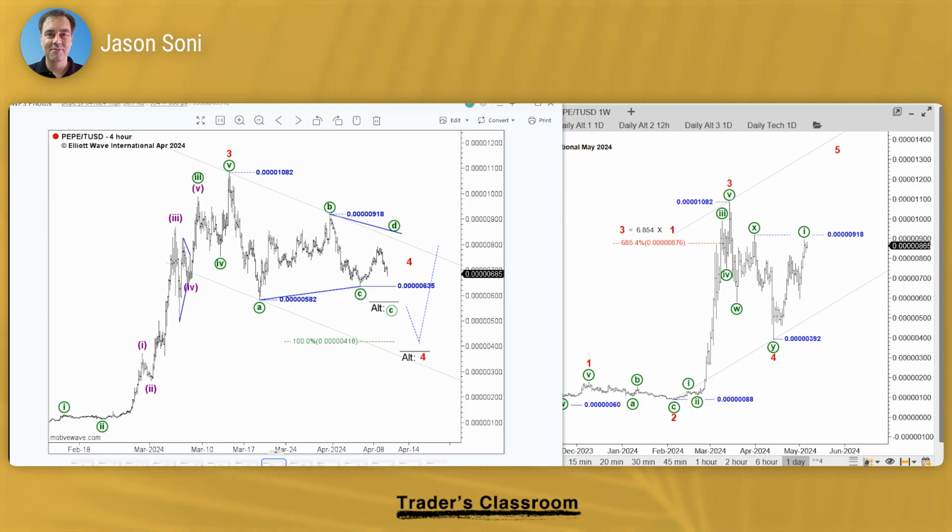So in this case with Pepe, I had a couple of scenarios that I was working with, and the initial idea that I was going to suggest, if Pepe moved below 635, was to argue that it was still in this green wave C. So as long as any downside remained above the wave A extreme at 582, then we could still suggest a triangle.